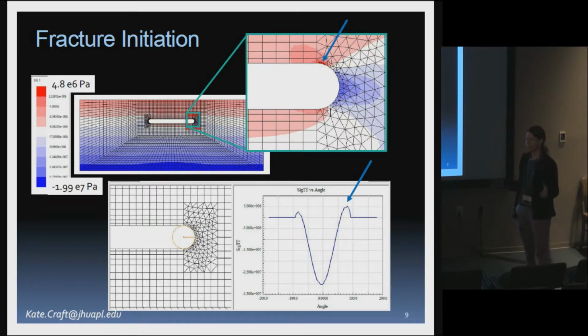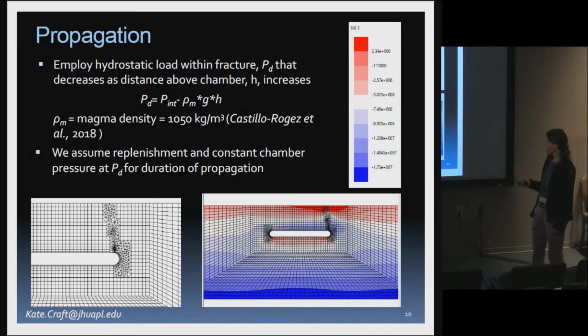Laura did an excellent job, and previous speakers have done an excellent job, of explaining how fracture mechanics works: you're acting against the lithostatic load, as well as the tensile strength of the crust. So you have to overcome those to initiate fractures. You just have to make sure that these values are high enough to overcome that.